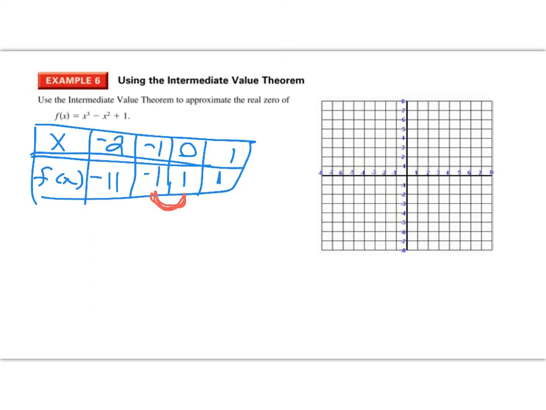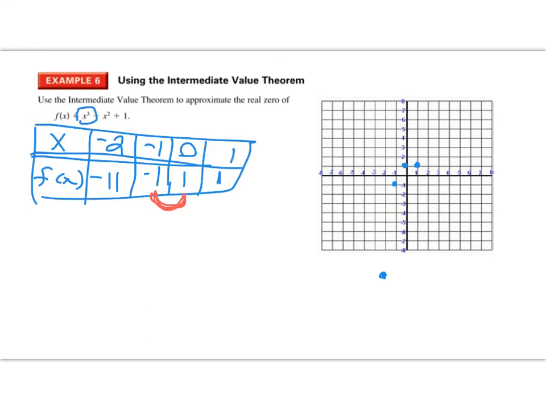So if you think about it, if I kind of graph this and go, okay, so at -2, it's -11. It's down here somewhere. And then at -1, it's -1. At 0, it's 1. And at 1, it's 1. Again, I can look at the end values.